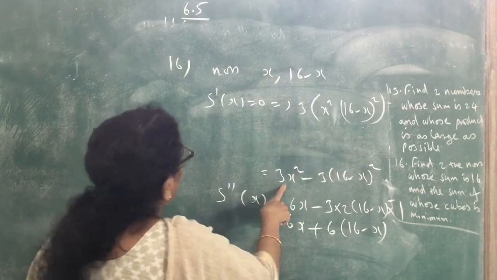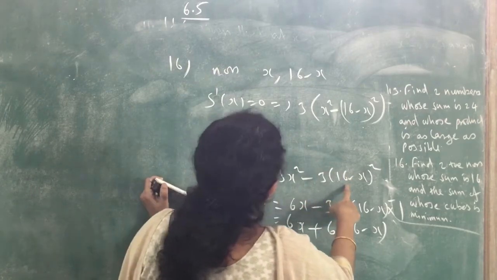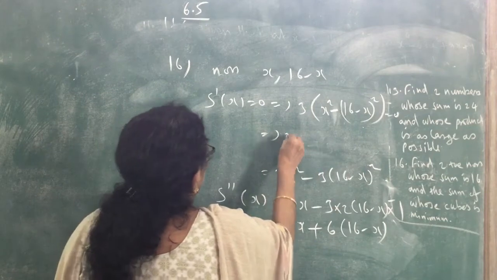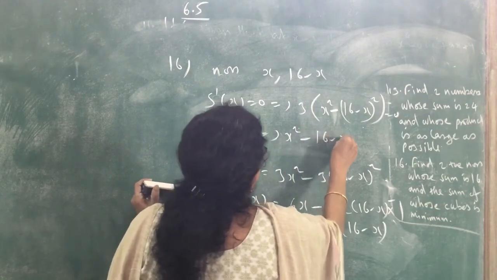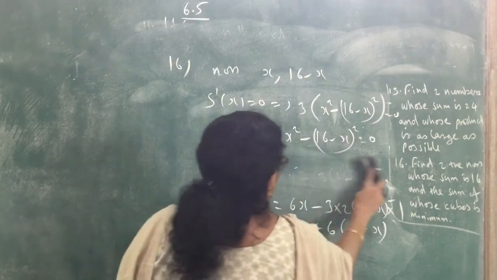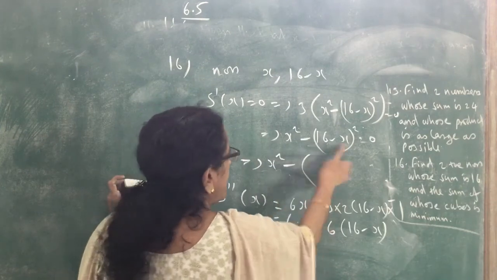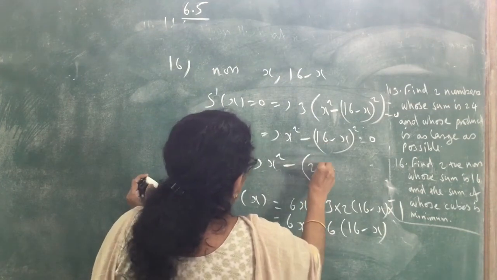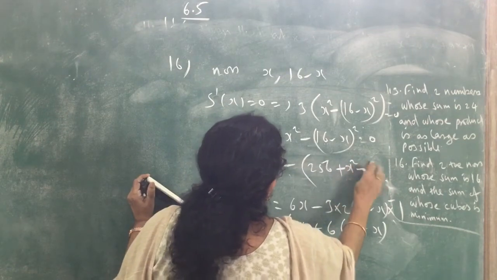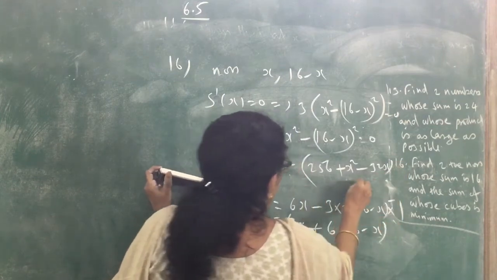So 3 into x square minus 3 into (16 minus x) whole square equal to 0. So we can take the 3 to that side. So we get x square minus (16 minus x) whole square equal to 0. Now we can expand it, (a minus b) whole square: x square minus, 16 square is 256, plus x square, then minus 2 into 16 into x, that is 32x, equal to 0.